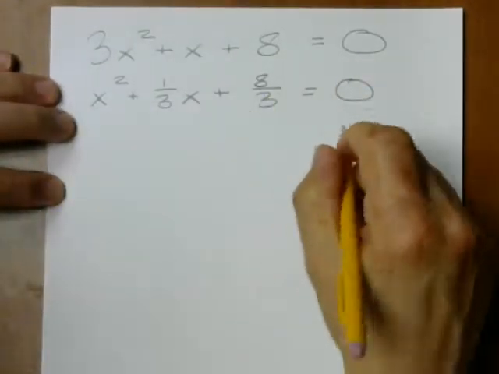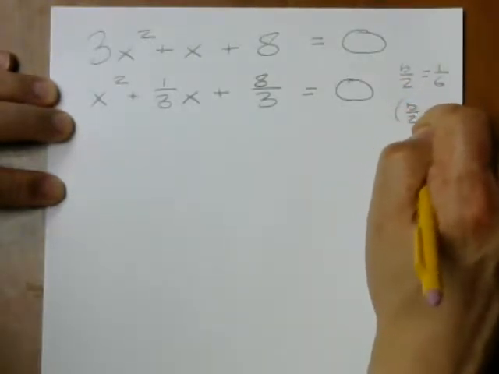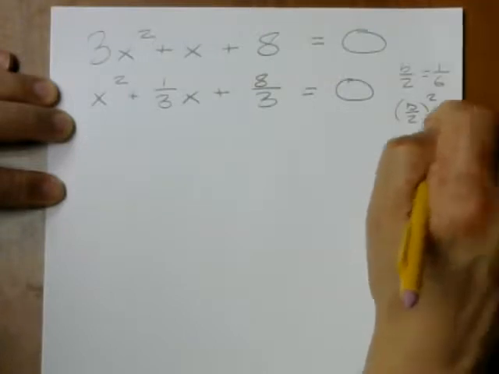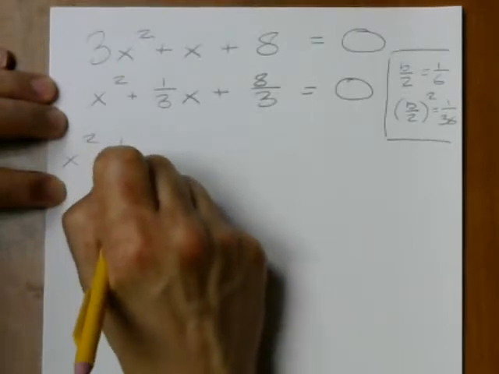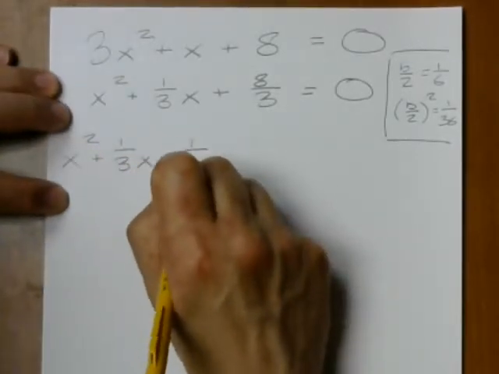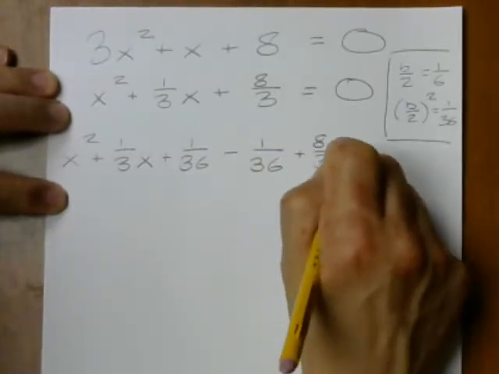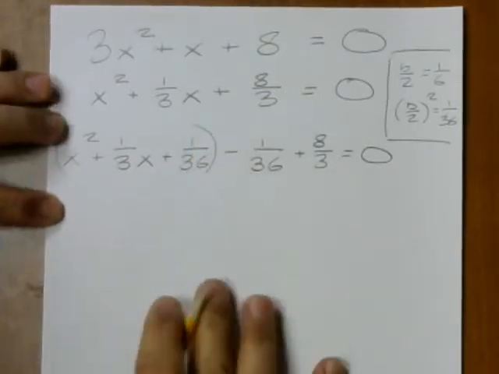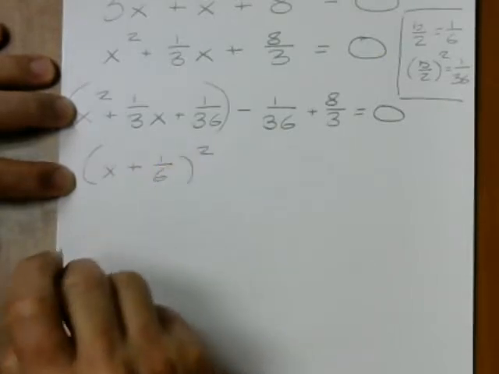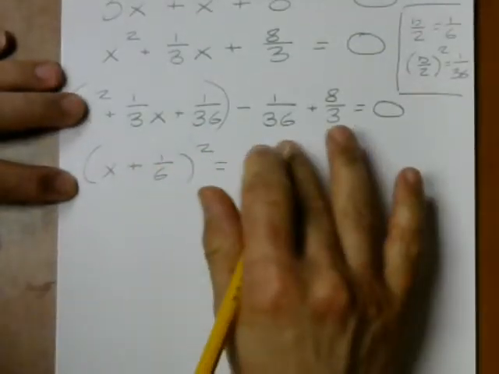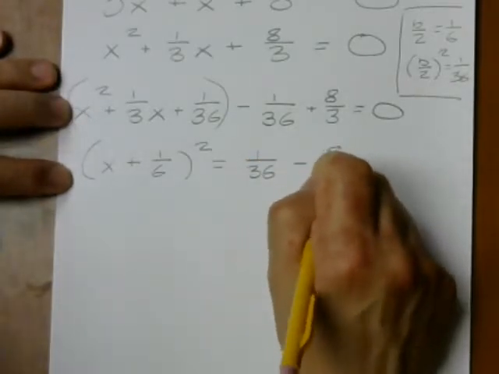And now I do the same thing. I still get b over 2 is 1/6, just like before. And b over 2 squared is 1/36. But now what happens? Well, I have x plus 1/6 squared is equal to, well, when I move this over, I get 1/36 minus 8/3.